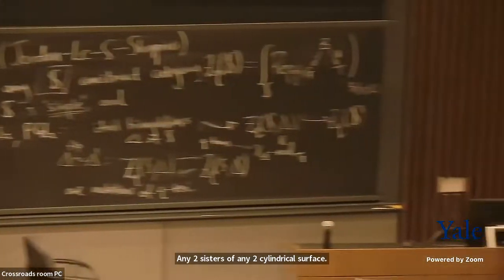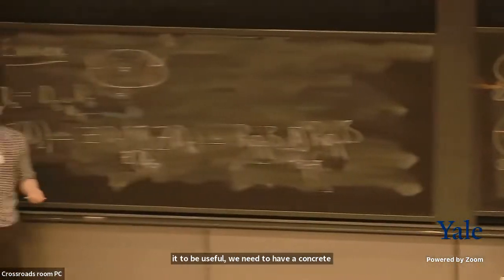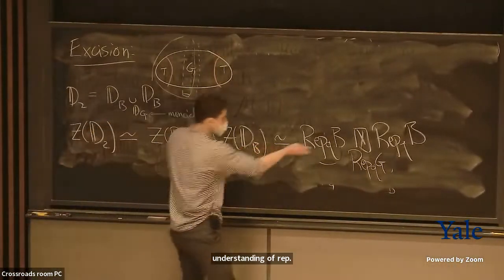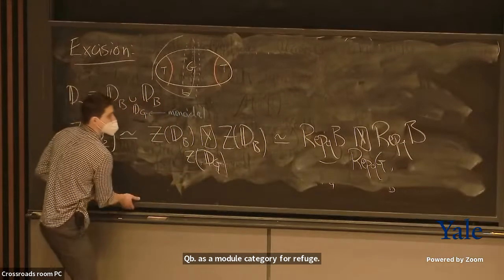But in order for it to be useful, we need a concrete understanding of rep_q B as a module category for rep_q G. Otherwise, we have no hope to go any further in our description.